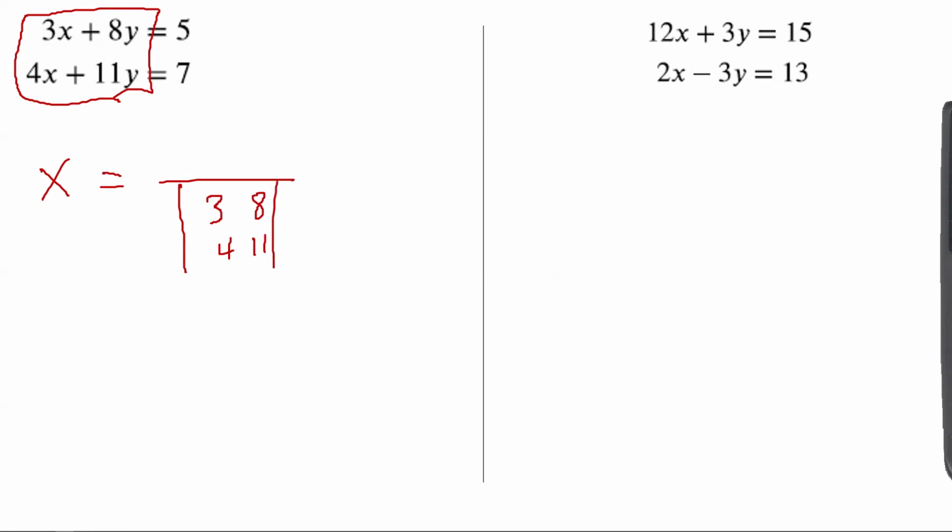I'm going to pick up the 5 and 7, put it in the first column, and keep the second column. And so I'm going to get 55 minus 56 would be a -1. I guess we'll write that out. And then below, we're going to have 33 minus 32 is a 1.